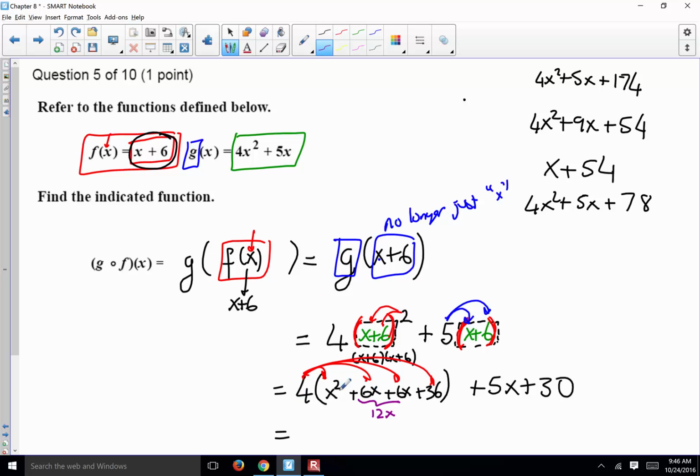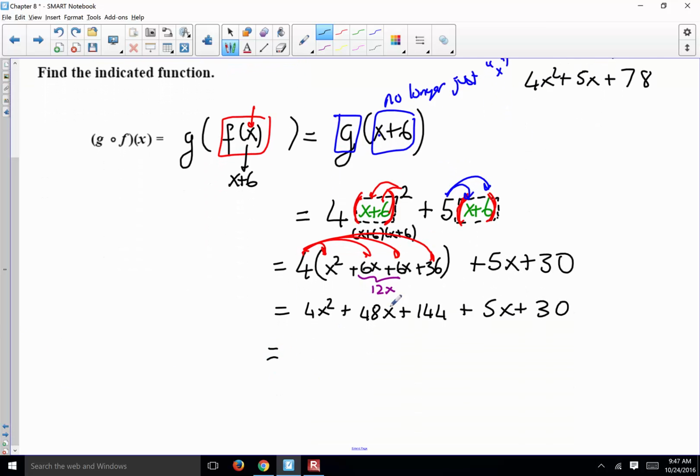Or you do it later. 4 times 6 is 24, 4 times 6 is 24. Add them up, it's 48 again. Either way is fine by me, but the other terms need just taking 4 in. 4x squared. 12 times 4 is 48. 4 times 36 is 144. 5x and 30.